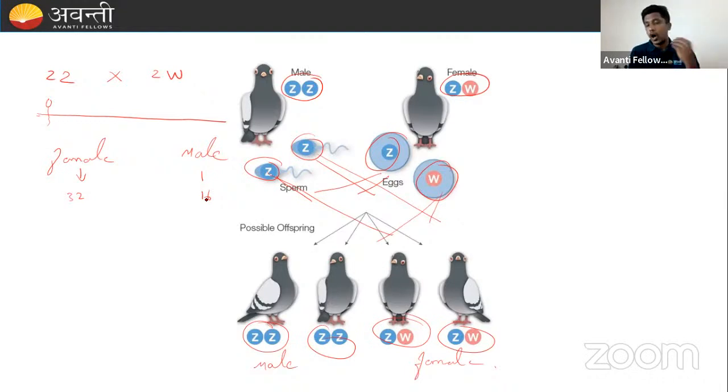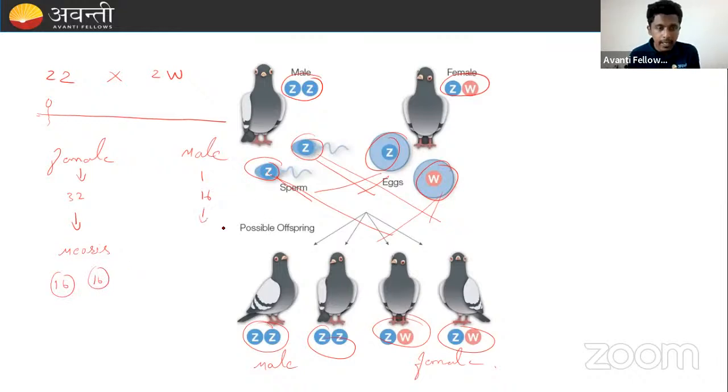So we know that the organism should be in the diploid state. Here, the male is haploid. Now, when the female produces the gametes, she produces them through meiosis, and she produces eggs which are haploid.